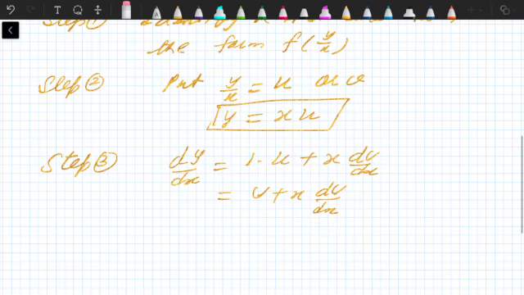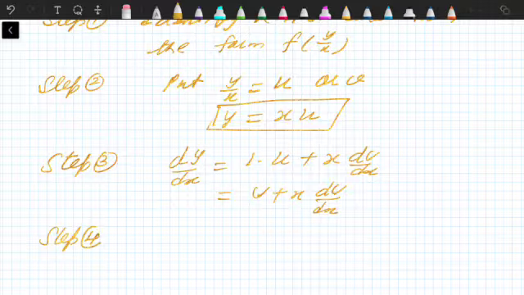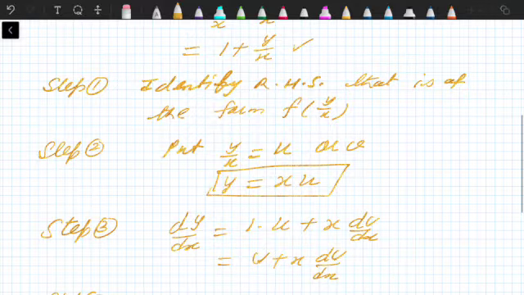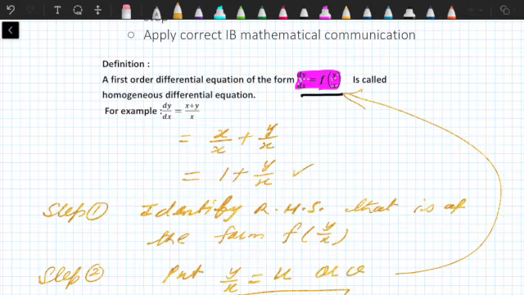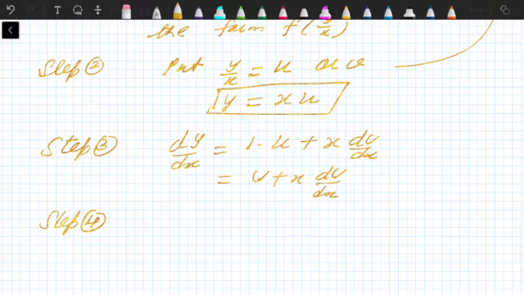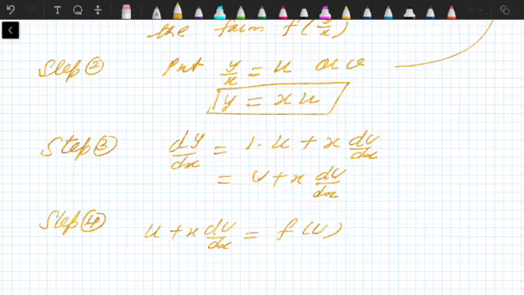Then step number 4: substitute this expression in the given differential equation. dy/dx is u + x du/dx, and that is equal to f(u).